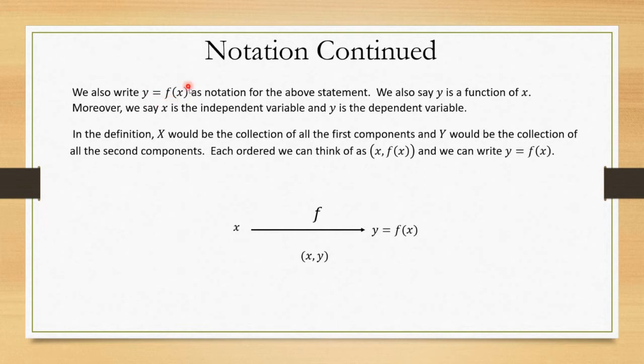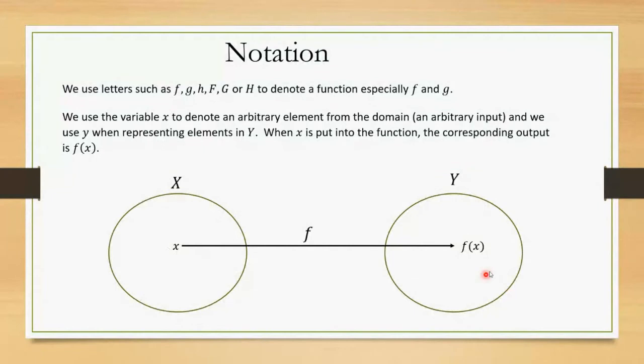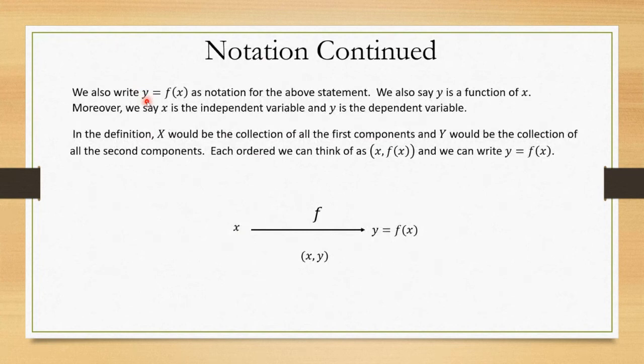In other words, when you see this notation, essentially you have all this floating in the background. Again, it's just notation people use. The little y represents an arbitrary element in the set capital Y, but the element we get back is denoted also by f of x. And we also say y is a function of x.